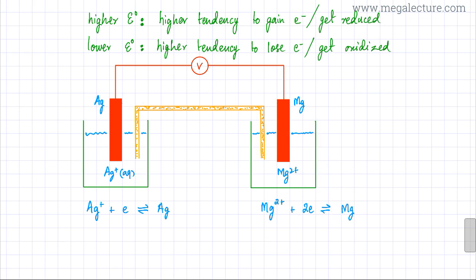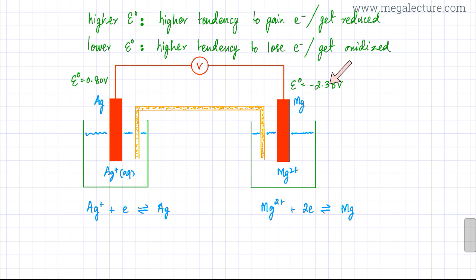The E0 value of this one is 0.80 volts, and the electrode over here has an E0 value of minus 2.38 volts. Now, if you look at the two electrodes, one has a positive, higher potential, and the other one has a lower potential.